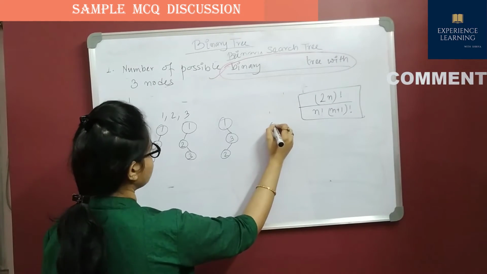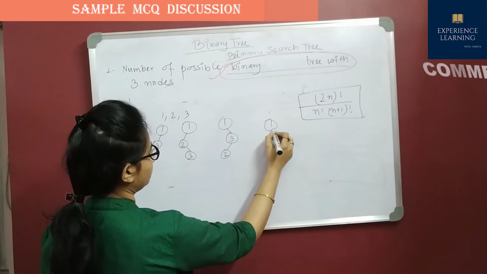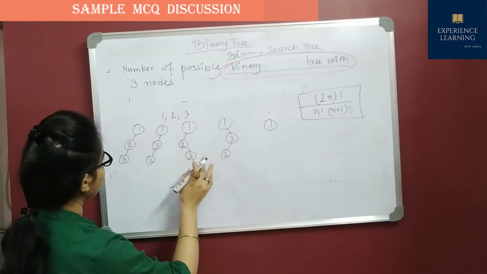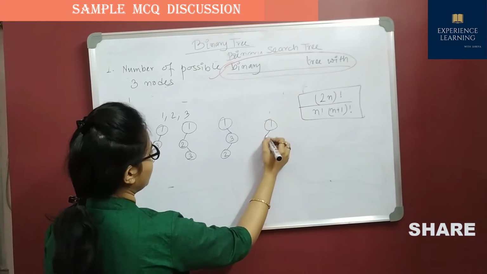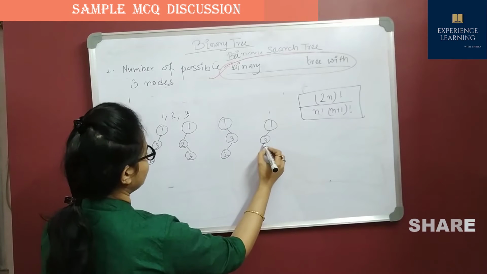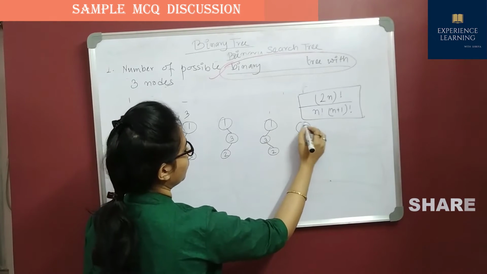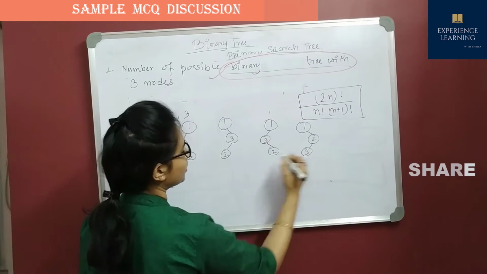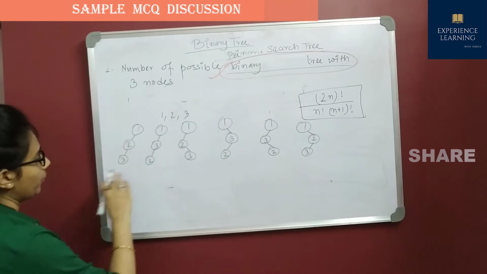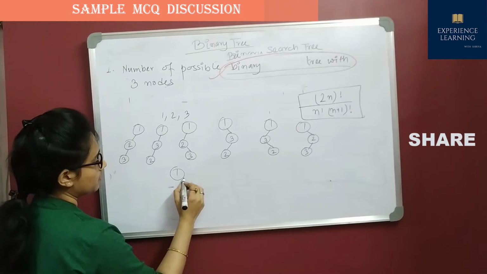Now, you can just change the place of it. Say here it is written 3, 2, and then 1, 2, 3, 1, 2, 3.